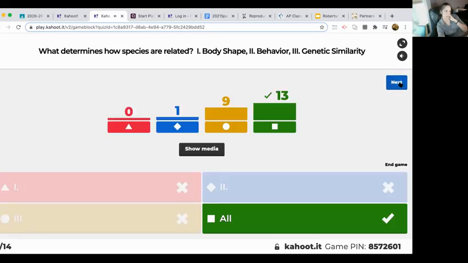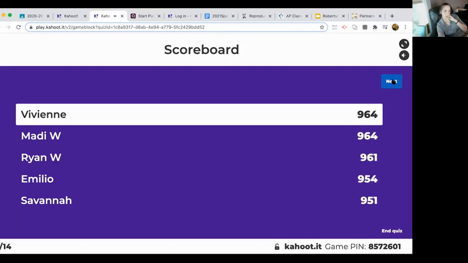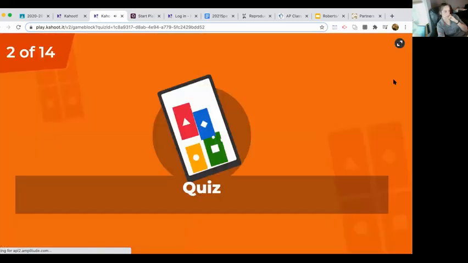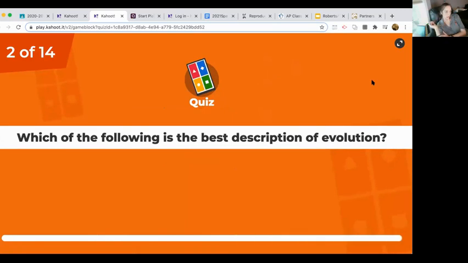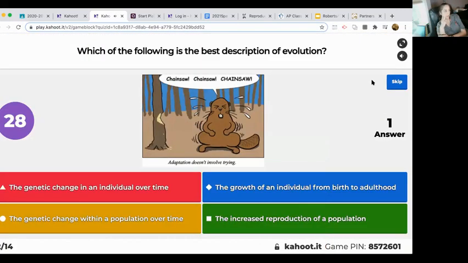Although genetics is really changing how a lot of cladograms are organized.